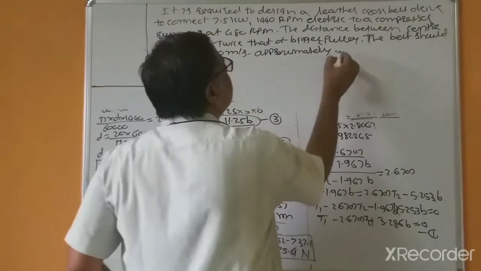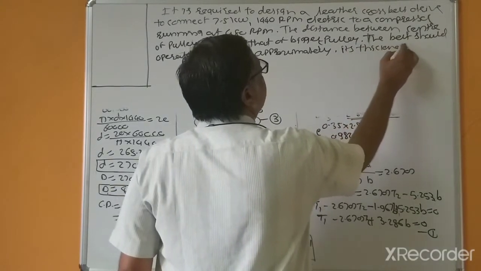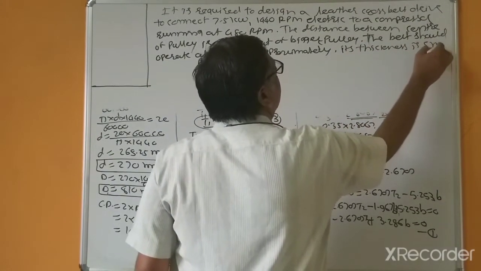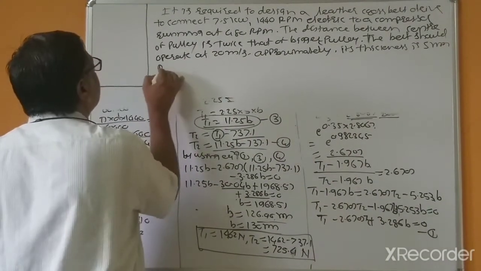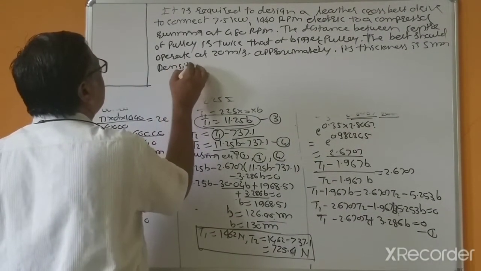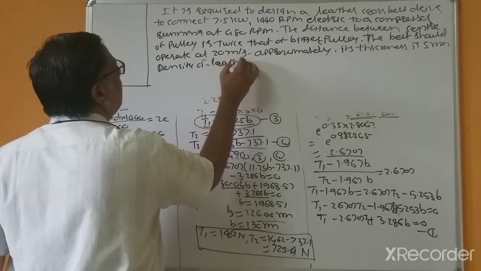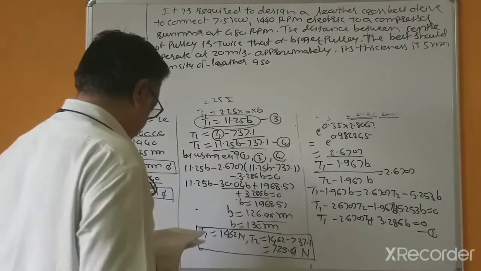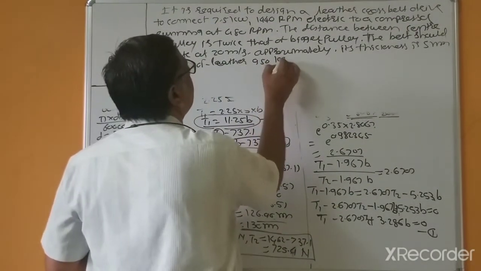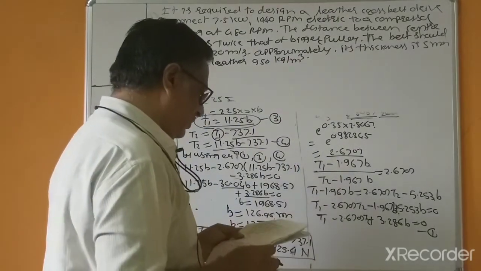Its thickness is 5 mm. Density of leather in kg per meter cube, this is directly given.